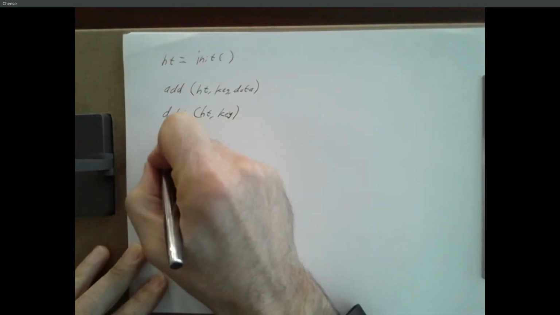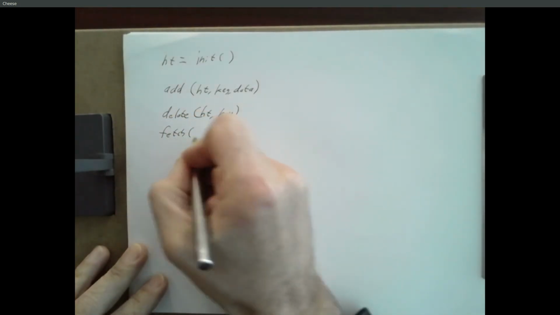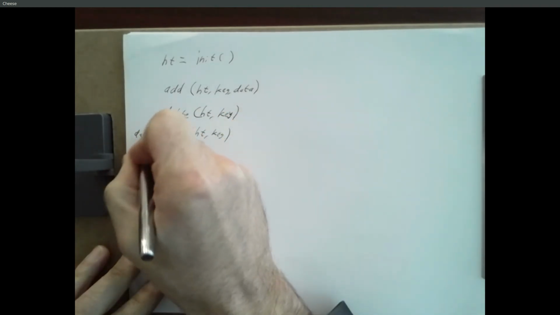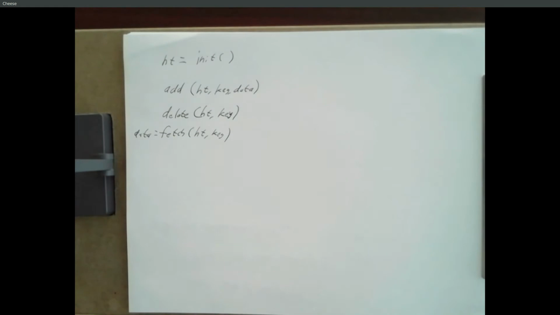And we could say fetch and give it a key, and that would return some piece of data associated with that. And those are definitely a set of functions we want. We want to be able to add things to the hash, retrieve things from the hash, probably delete things.